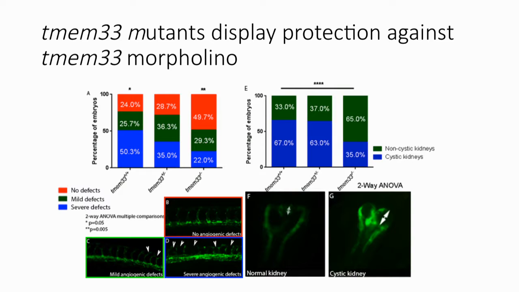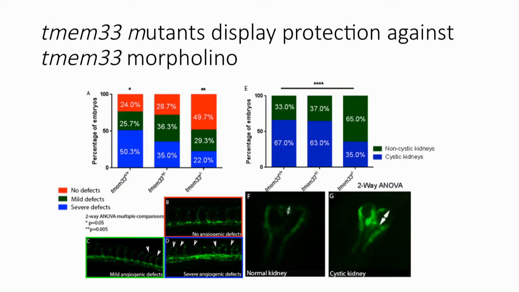And you can see that in the wild type, over 50% of embryos display severe defects, while very few display no defects at all, while the opposite is true of mutants, indicating that there's a protection against the phenotype and suggesting we're seeing some sort of compensation taking place. So we repeated this with the kidney and found the same thing, that the mutants also display protection against the phenotype. So we think that something is compensating, but we now want to find out what is compensating.